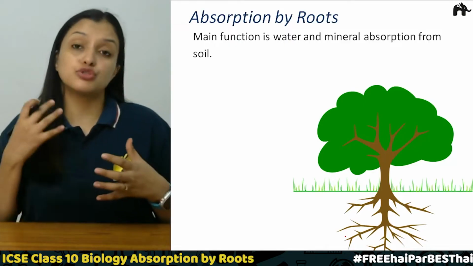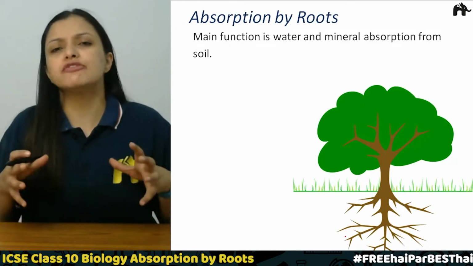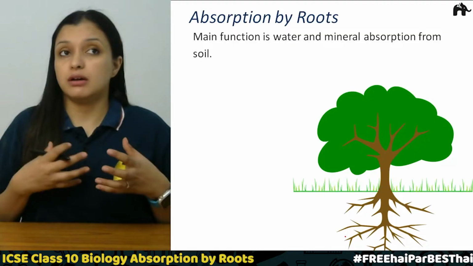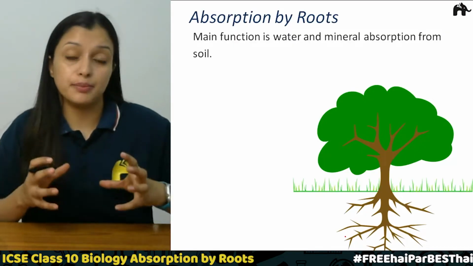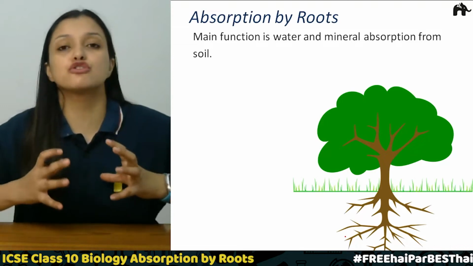So we know that the roots of a plant have many functions, right? The very first function that we can say is these roots help a plant to fix in the soil, right?